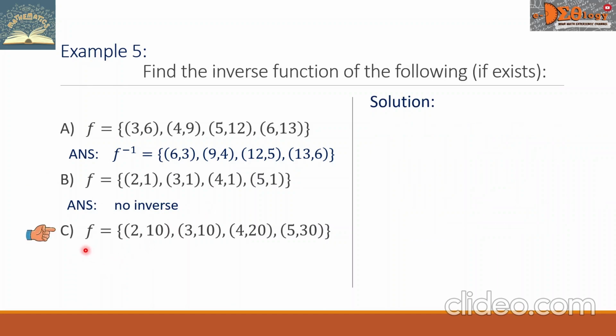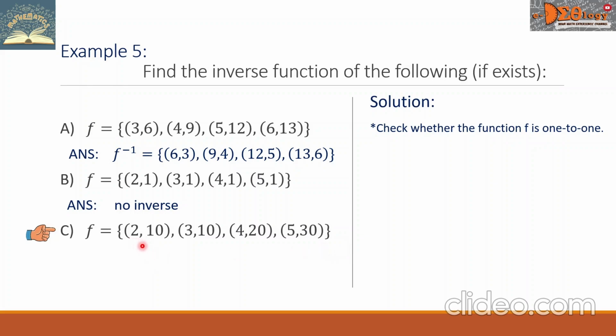We go to problem C. The function f equals (2, 10), (3, 10), (4, 20), (5, 30). Note that this is a function because the x values appear once only, namely 2, 3, 4, and 5. Now let us check whether this function f is one-to-one.